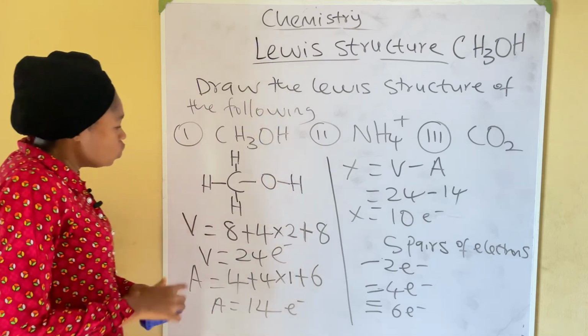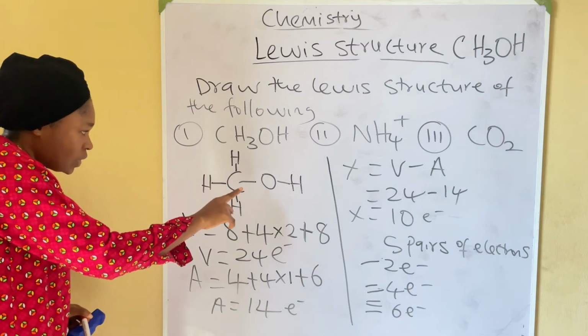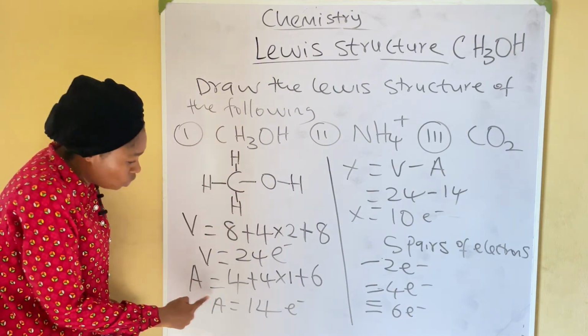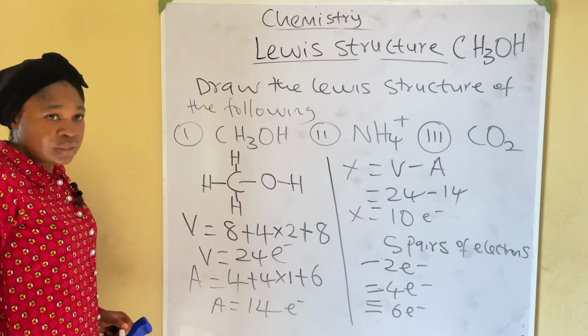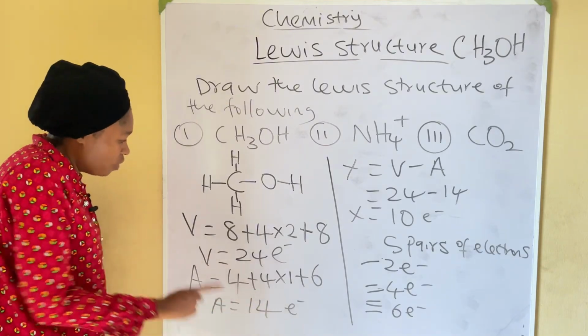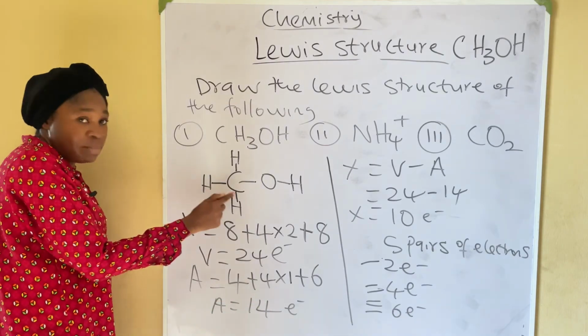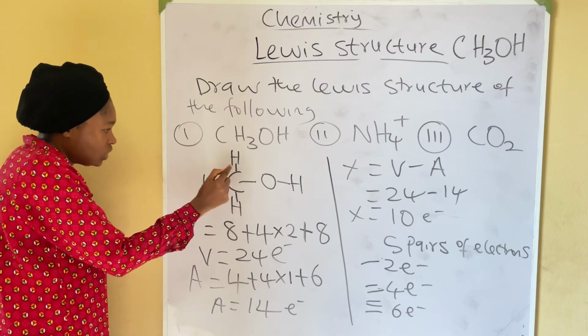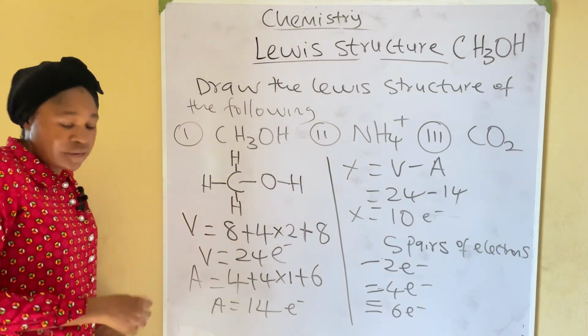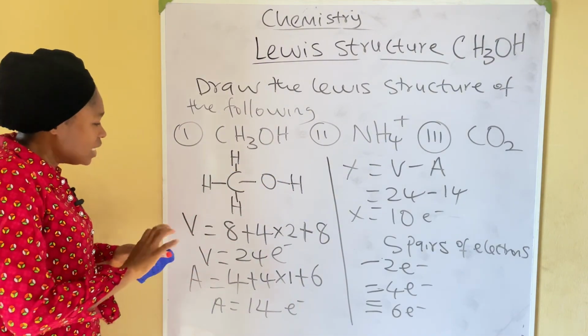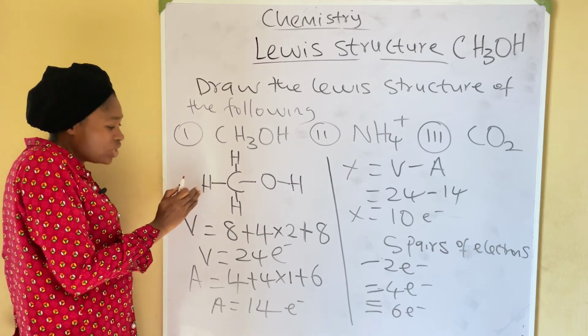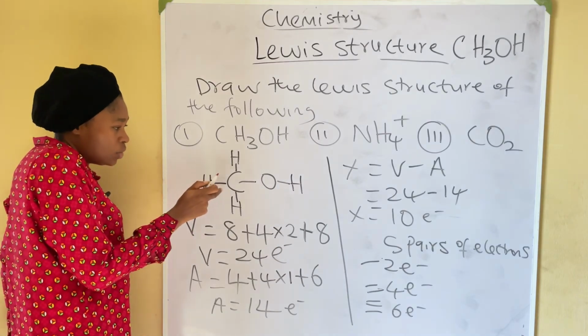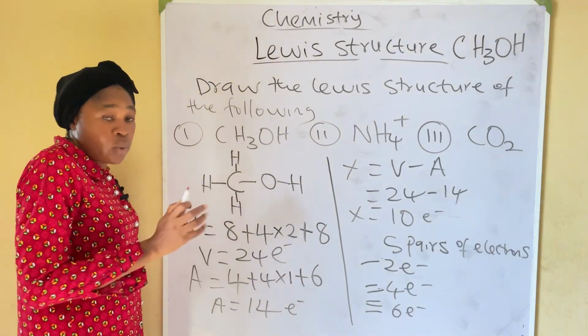So next thing you're going to do, after that, you're going to place the remaining electrons. Remember, the available electron is 14. So already gotten, remember, one single line needs 2 electrons: 2, 4, 6, 8, 10. So 4 is remaining. I will not place it on hydrogen because hydrogen has already attained duplet state. So that remaining 4 will now go to what?